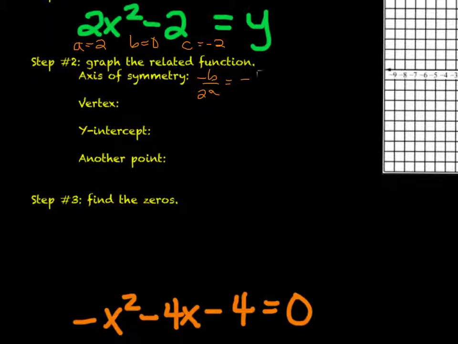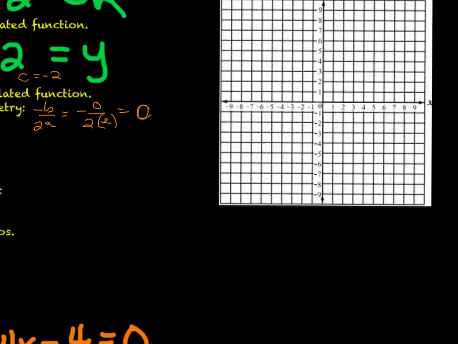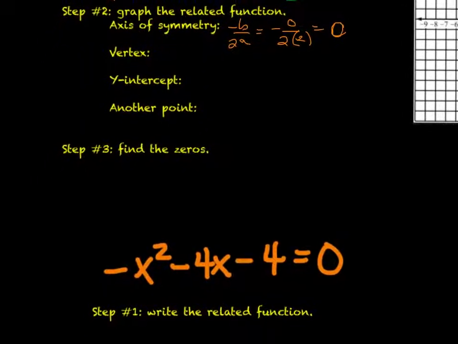So we have -0 over 2 times 2. That's -0 divided by 4, which is still equal to 0, because 0 divided by a number is 0. So our axis of symmetry is actually our y-axis, which is kind of nice. That means our vertex lies on our y-axis, which means it's also going to be our y-intercept.